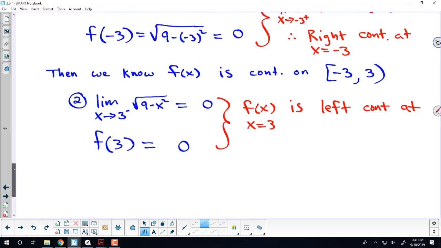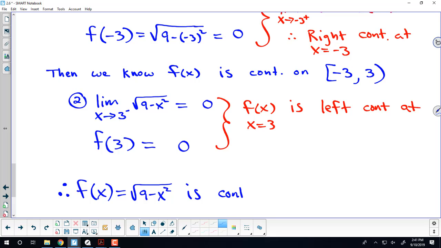So then we put it all together. Therefore, the original function that we were given, the square root of 9 minus x squared, is continuous on the closed interval from -3 to 3.